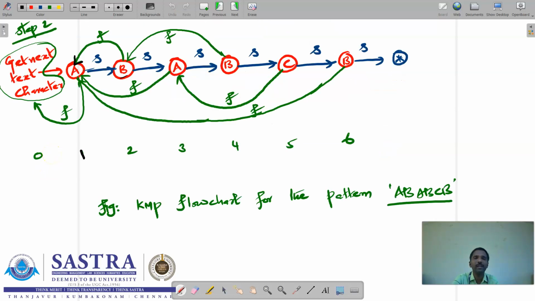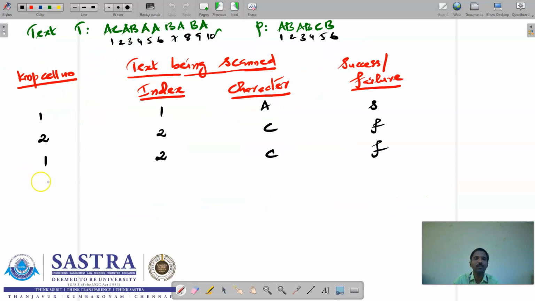At cell number 1, we got failure. So we need to read the next text character at cell number 0. So write cell number 0 here, then get the next character. So next cell number becomes 1.